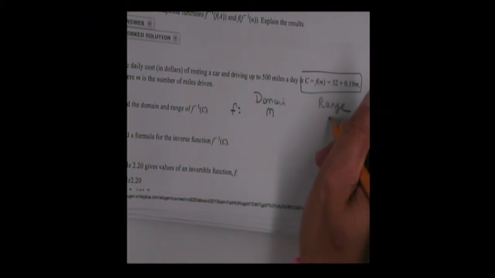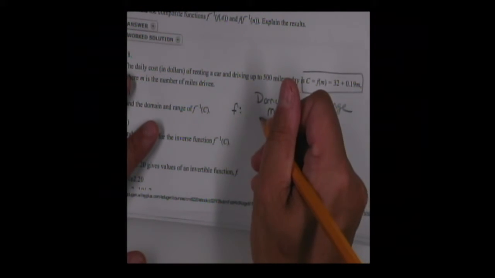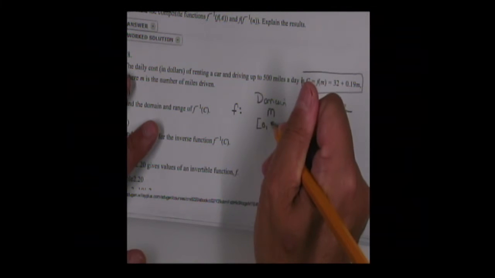And then the range is going to be the cost. So in the real world situation, what is the domain going to be? Zero up to how much? 500. How'd you get 0 to 500?